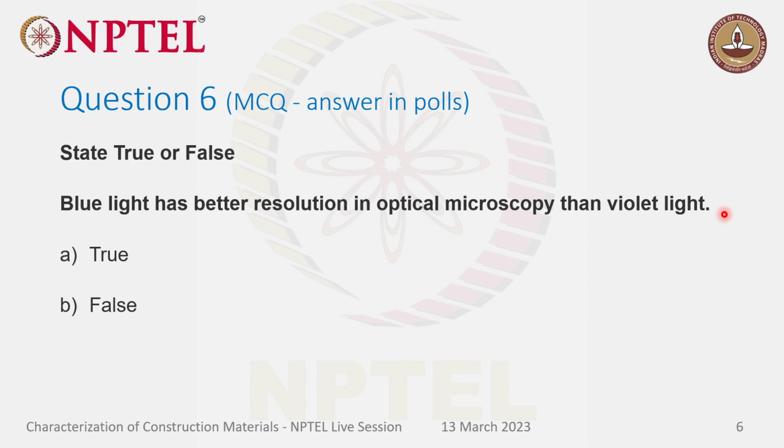Let me start the timer for a minute. Here they're saying blue light has better resolution than violet light. Think about the wavelength range. Is blue light wavelength smaller than the violet light?